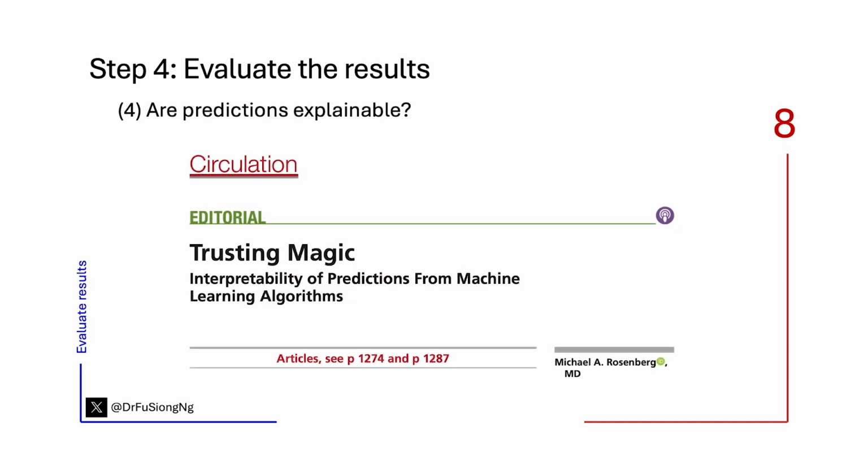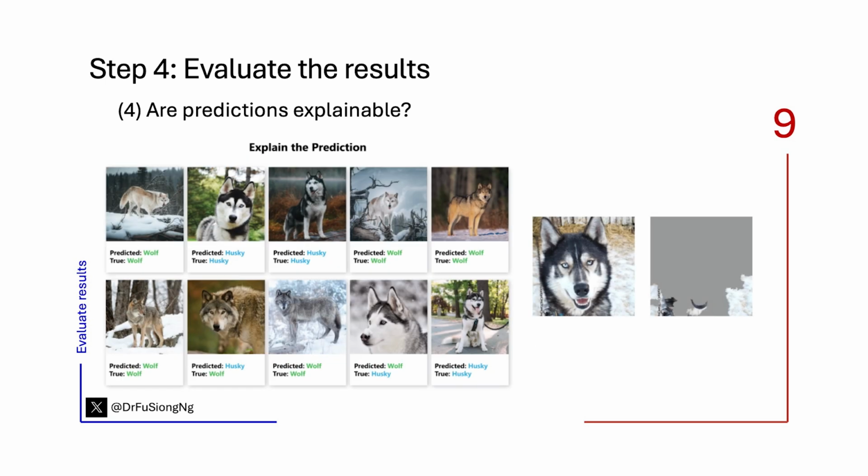Then we talked a bit about explainability. You want to see, are the results explainable? It is something here that as clinicians, we can relate to in terms of the outputs of the model. Do we trust it? There's this excellent editorial a couple of years ago that says AI-ECG is a bit like magic and we have to trust the magic of the AI. But actually, as Manolis said, sometimes it's not so magical, it's doing crazy things.